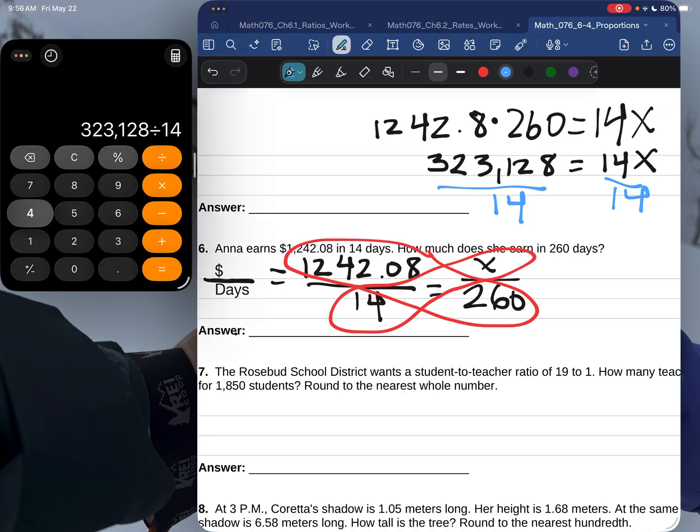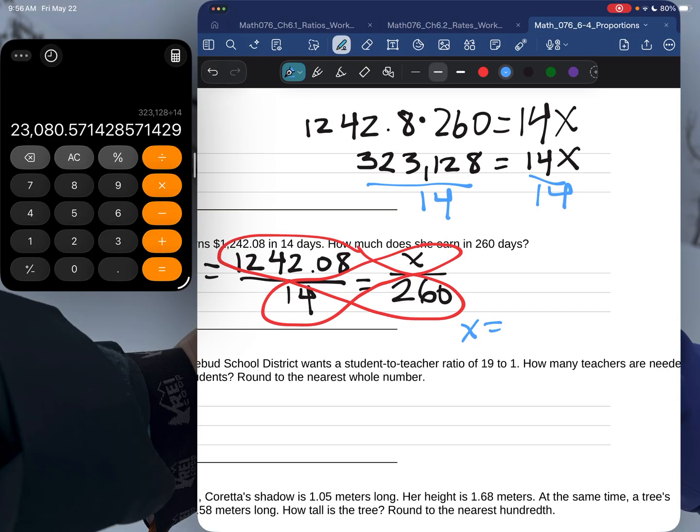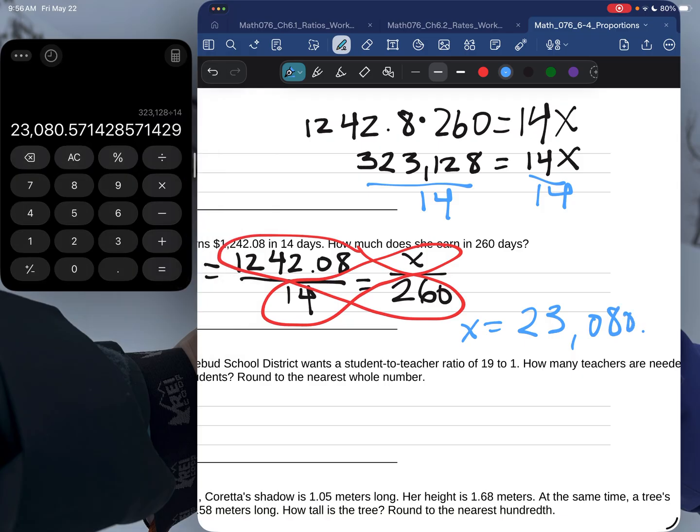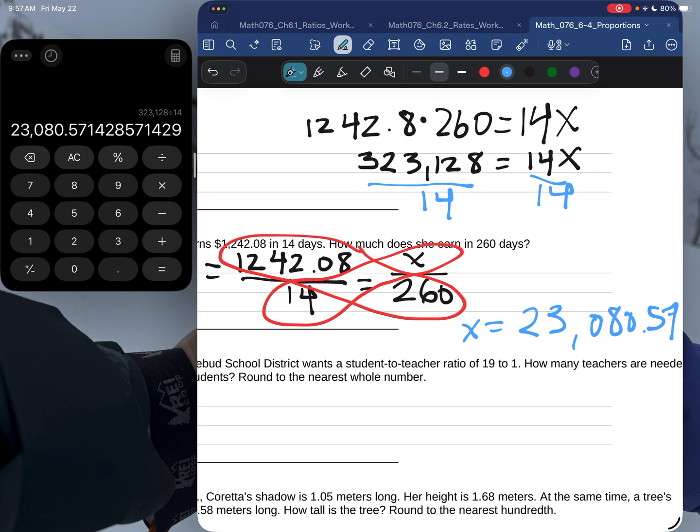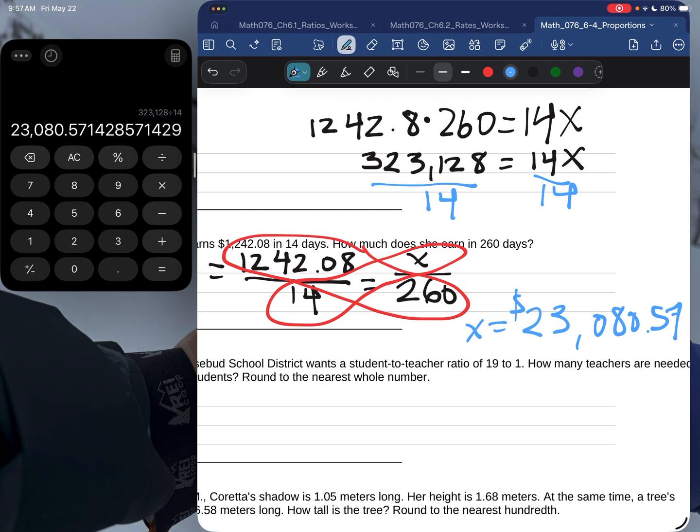Divide this by 14, and I get x equals 23,082.91, and it's dollars, right? So I've got to round to the nearest cent, and that is my final answer.